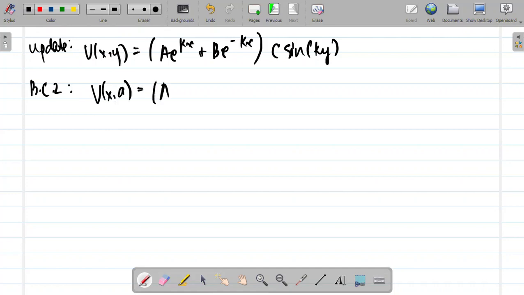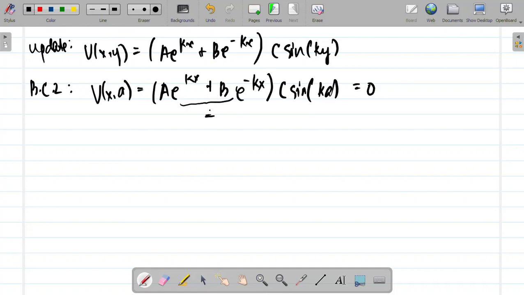So, a e raised to kx plus b e raised to negative kx times c sine ka equals 0. Again, bawal tong maging 0 ha. Actually, hindi kasama yung c, kasi kung kasama yung c sa 0, wala na tayong solution.